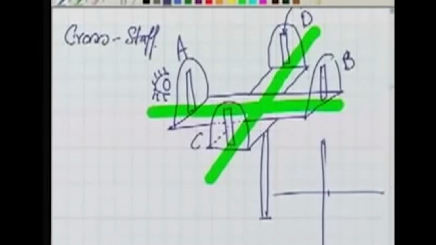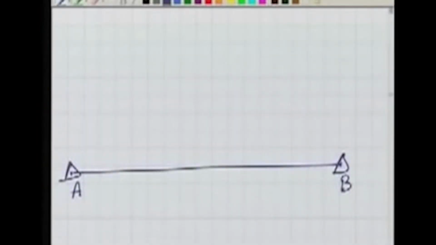Now how do we make use of this? We have a line, and the line is AB. A and B are the survey stations, and let us say a chain is spread along this line. The line is approximately 100 meters, so the chain will be smaller than that, 30 meters.